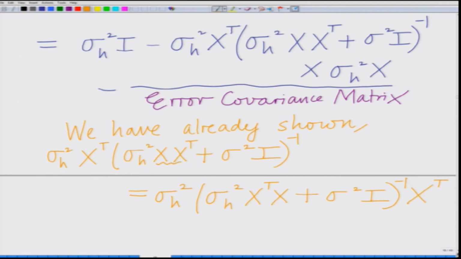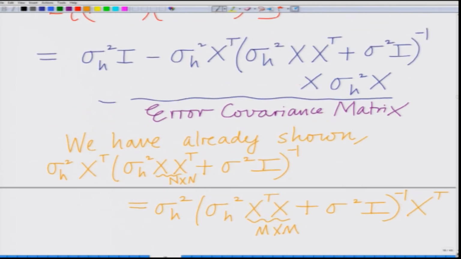Here X X transpose is an n cross n matrix, and X transpose X is an m cross m matrix. This is the result we have already shown. Now if you look at this part, sigma h square X transpose, sigma h square X X transpose plus sigma square identity inverse, if you call this star, this is exactly your star.